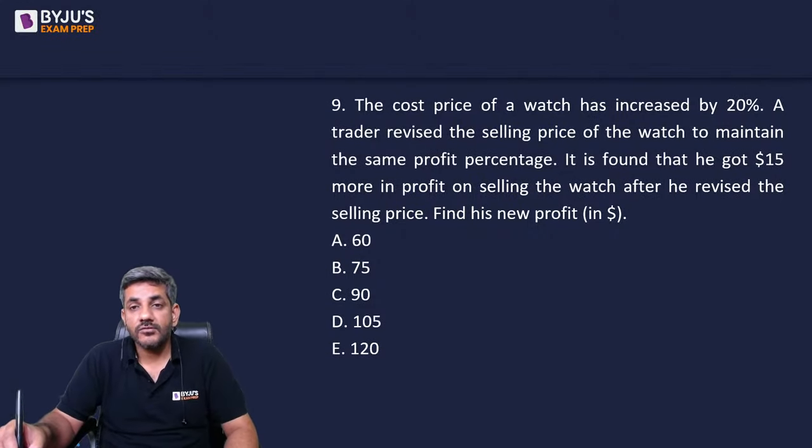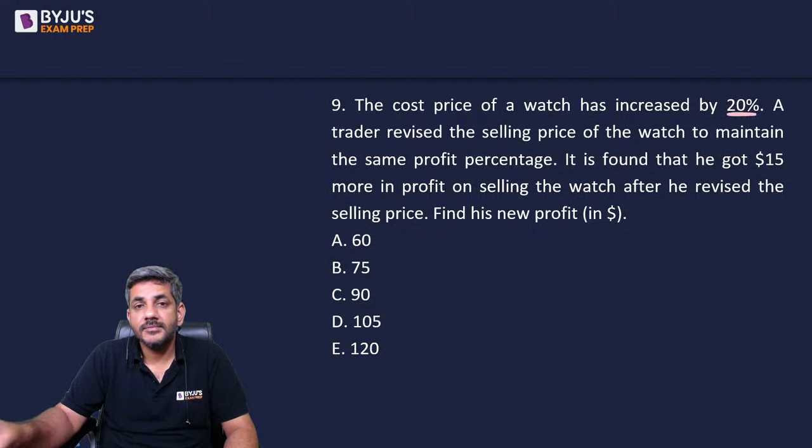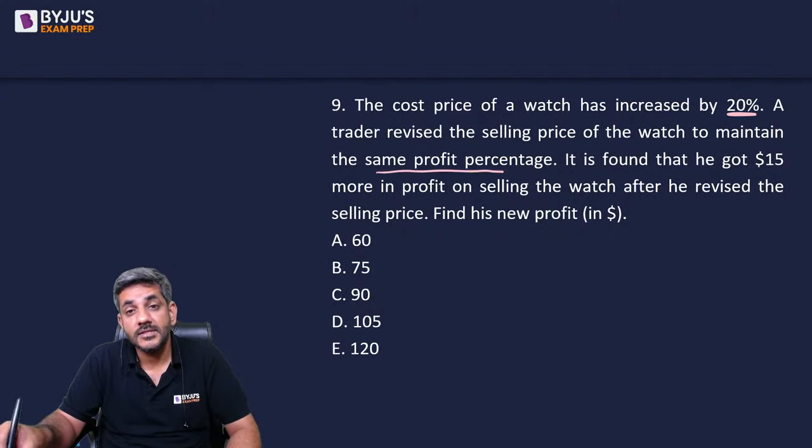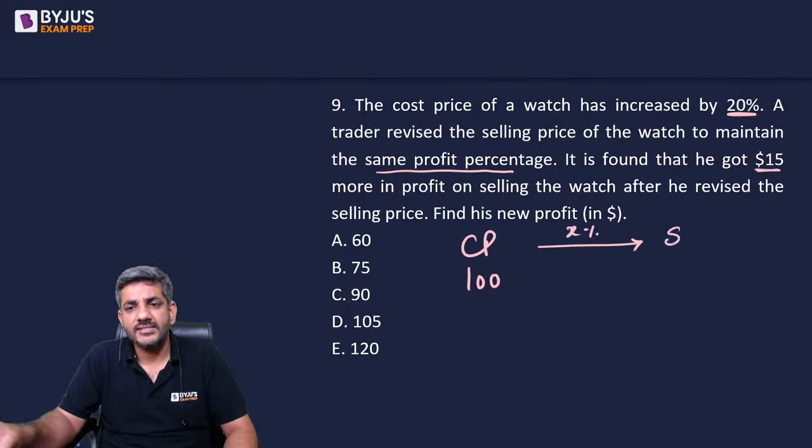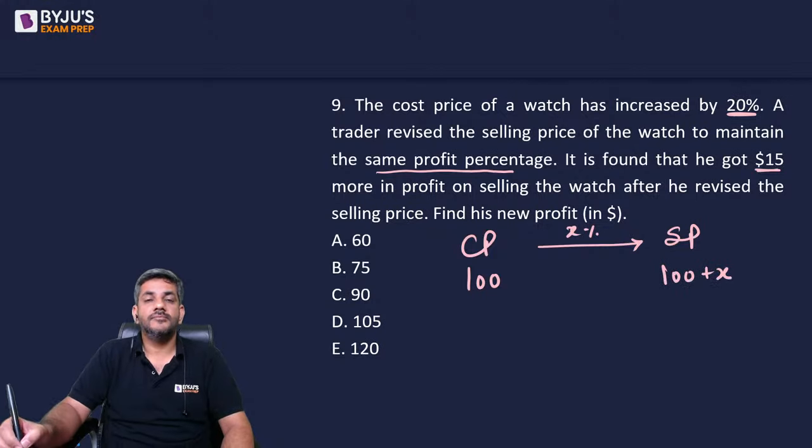So the cost price of a watch has increased by 20%. A trader revised the selling price of the watch to maintain the same profit percentage. It is found that he got $15 more in profit on selling the watch after the revised selling price. Find his new profit. Let's say his cost was $100 first, and let's say he had X% profit. So can I say his selling price was 100 plus X, right?